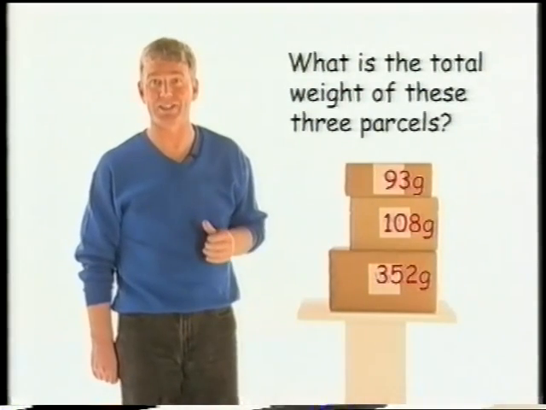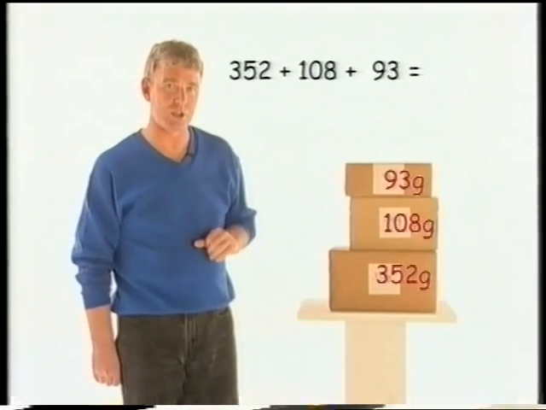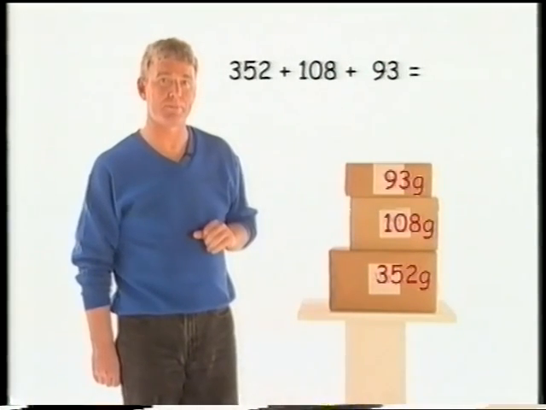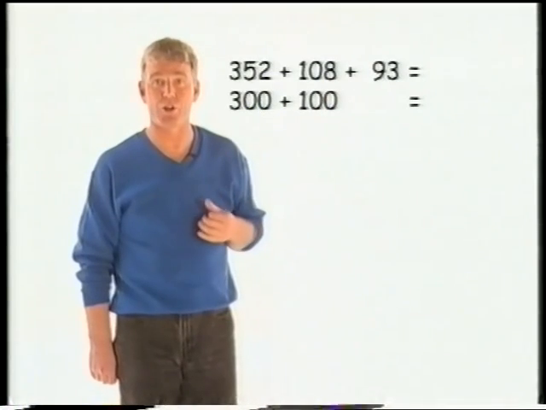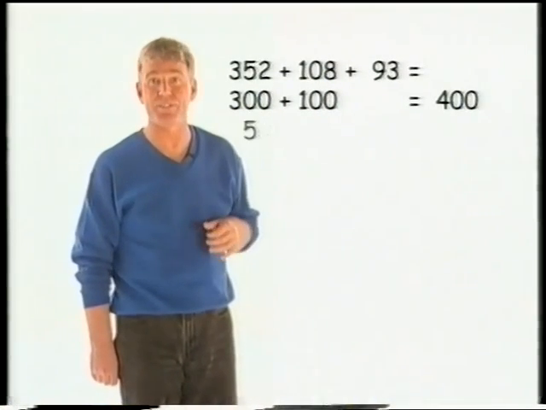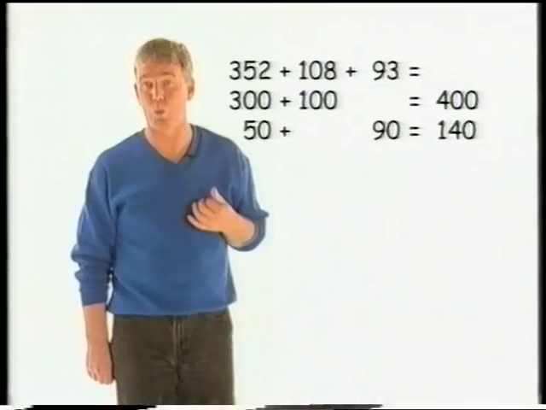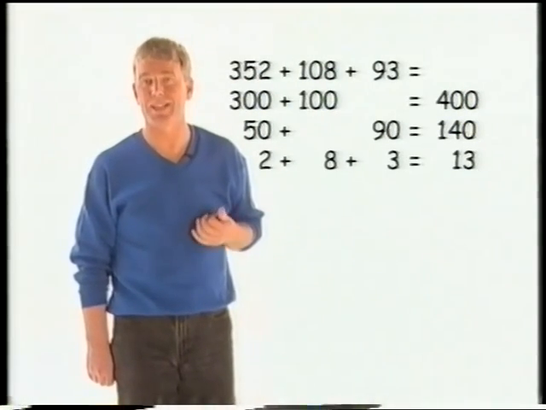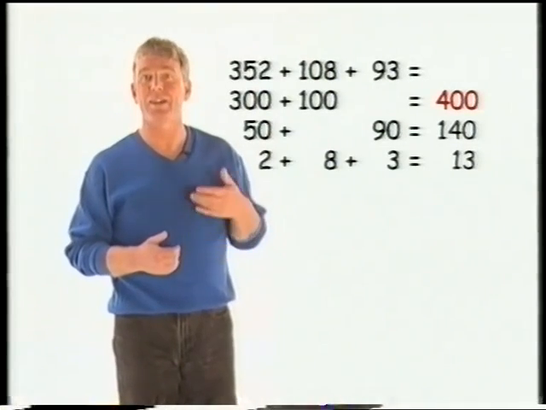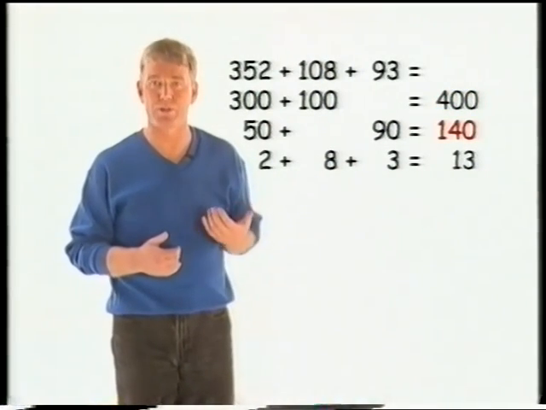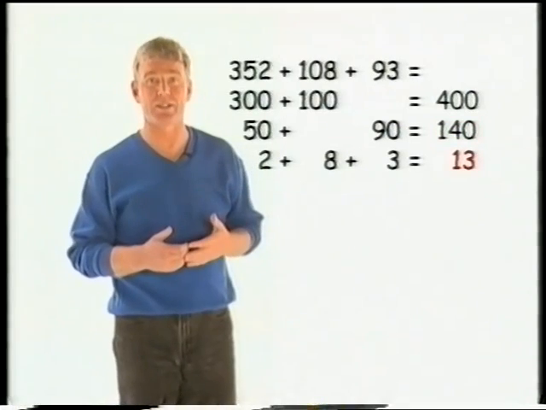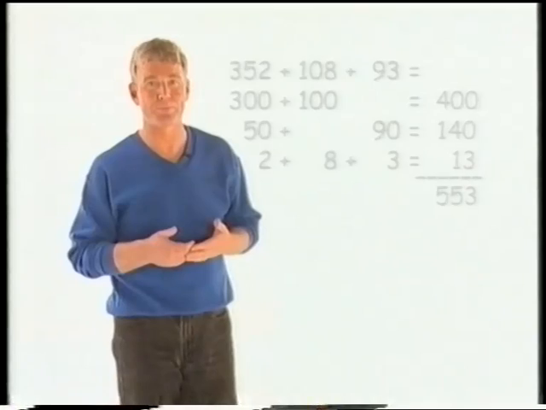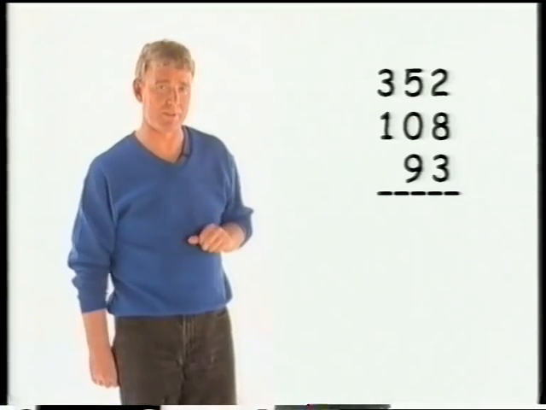First, in our heads, it's 352 plus 108 plus 93. 300 plus 100 equals 400. 50 and 90 equals 140. 2 plus 8 plus 3 equals 13. Add 400 to 140 and then add 13 equals 553.